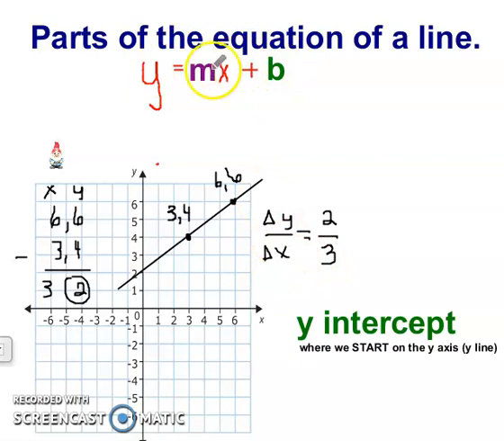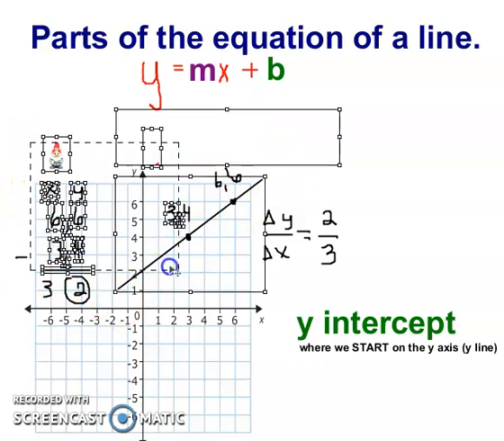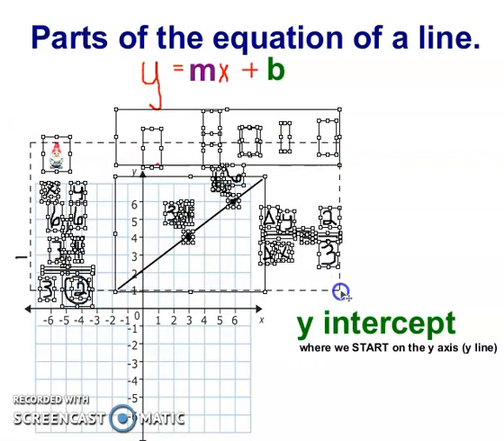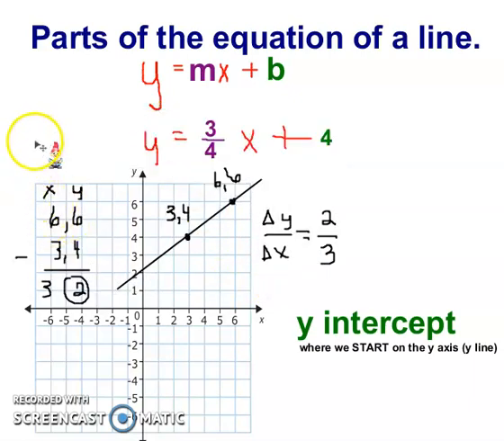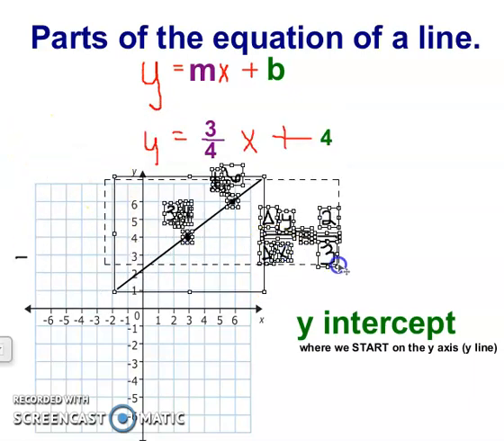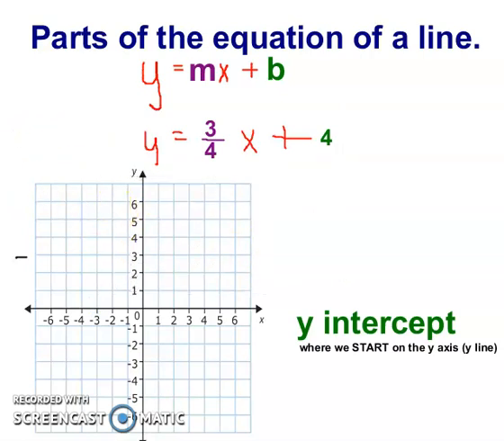Okay, now we're going to do backwards. We're going to look at an equation of a line and draw a line. I know that this is a set of directions that tells me what a line is going to look like on my graph. And there's two parts. The first part is the slope, and the second part is the y-intercept.